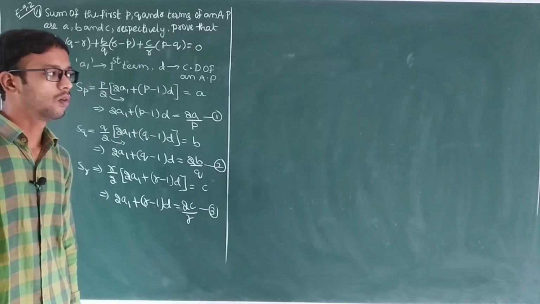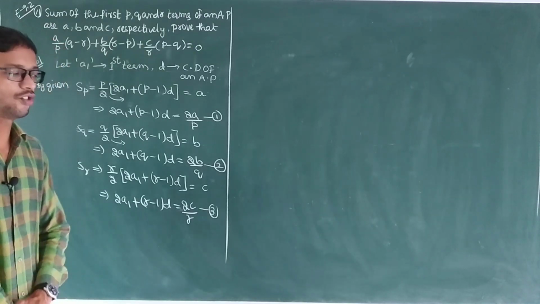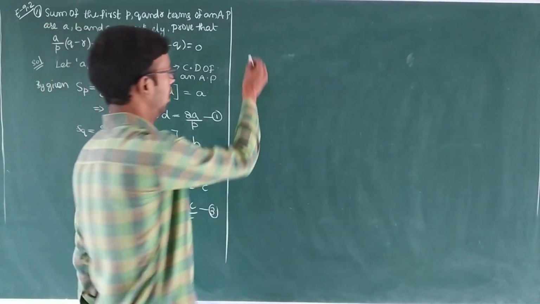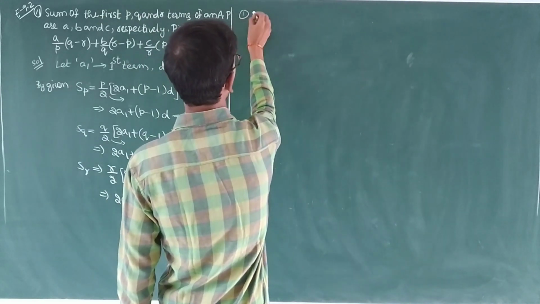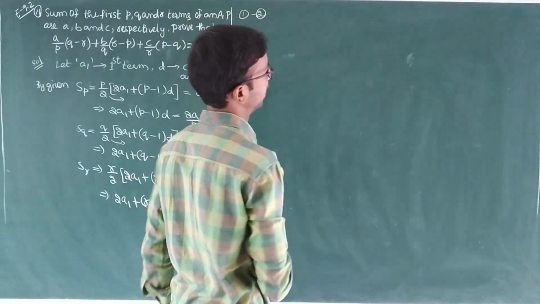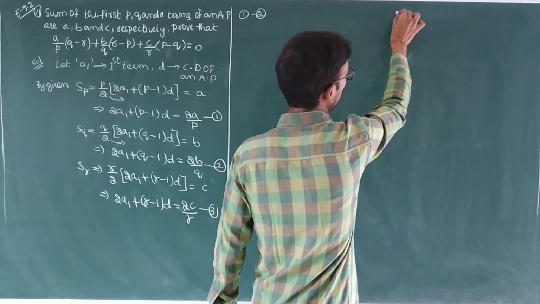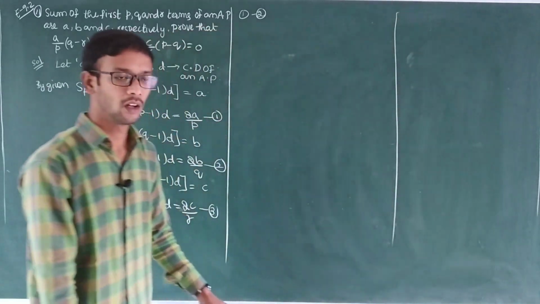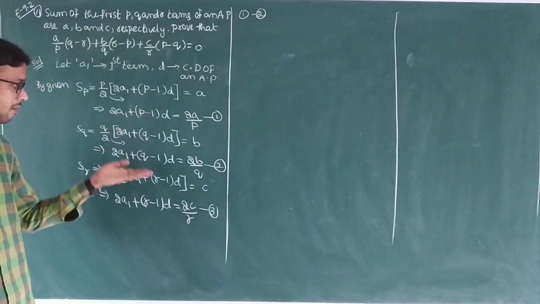So now I'll make the simplifications, subtraction. 1 minus 2 first. What value will you get for 1 minus 2?